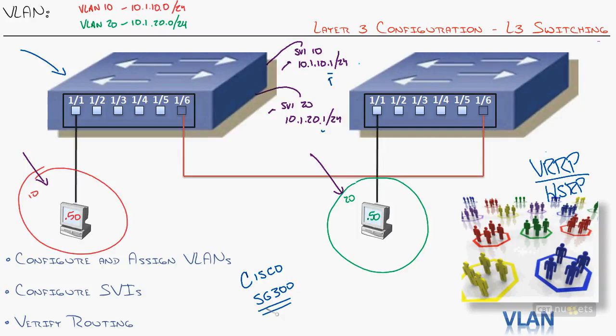For like $400-500, you can get a power over Ethernet, gigabit Ethernet switch that has layer 3 functionality inside of it, with a command line interface that's so close to the IOS. I know it's not the IOS. It's like, I can't believe it's not butter. It's so close to the IOS that you'll be able to figure it out. Use the question mark just to kind of navigate. It's awesome. But that's not what we're here to talk about. But that is a great switch if you're ever curious.